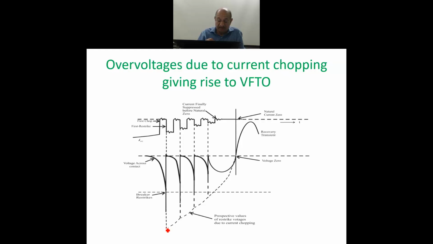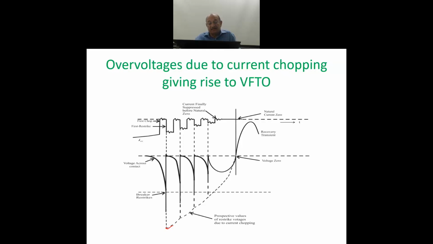When a very high magnitude of the overvoltage restrikes across the electrode gap, the insulating properties of the gap is lost, and the current again is able to flow between the gap. So this phenomenon may happen several times, till finally the arc is interrupted.